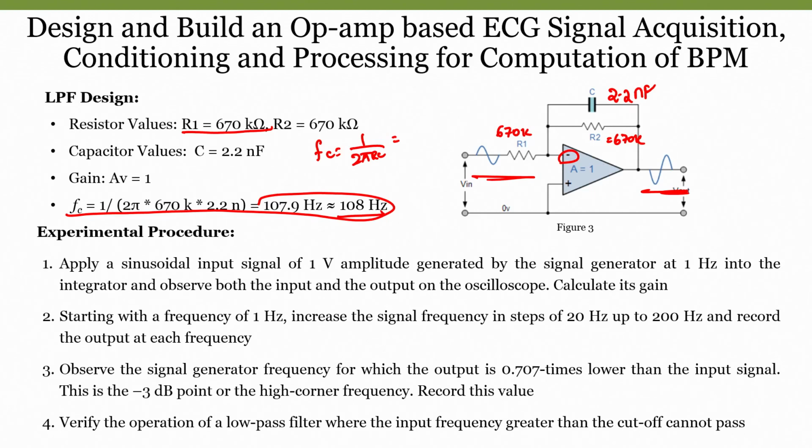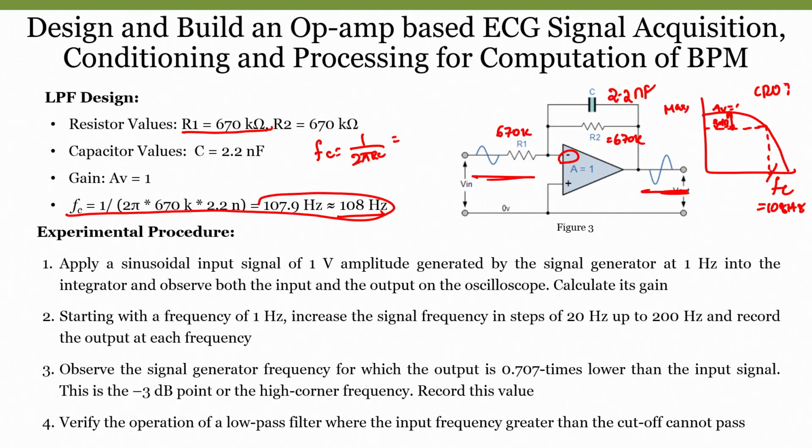As we know, when we look into the frequency spectrum of a low pass filter, the gain is 1. If we can find the 3 dB line, this is nothing but our cutoff frequency. In the frequency domain we say this value is 108 hertz, but in a CRO, how do we find it? We know the maximum voltage we get. We take a function generator and apply 1 volt as an input signal.